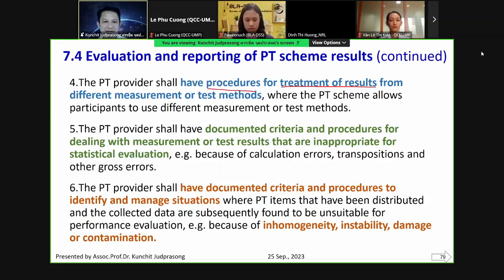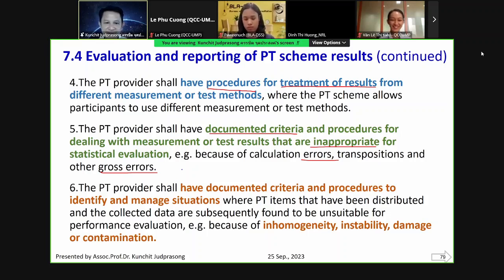The PT provider shall have documented criteria and procedures for dealing with measurement or test results that are inappropriate for statistical evaluation. So this is the error, this is the Gauss error, this is transposition. Usually the error that we find is a huge error, let's say 10 times.